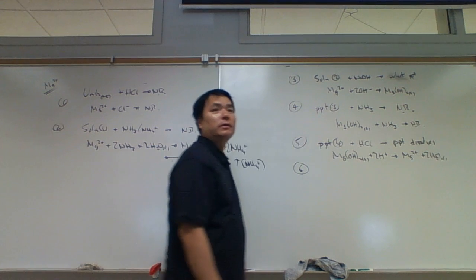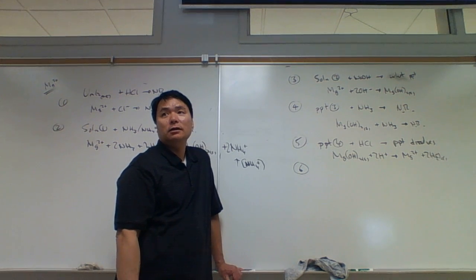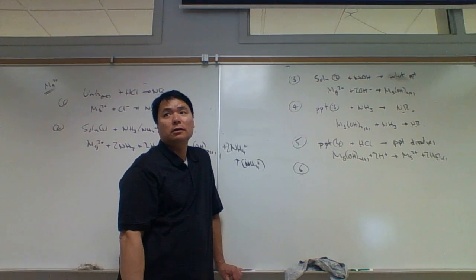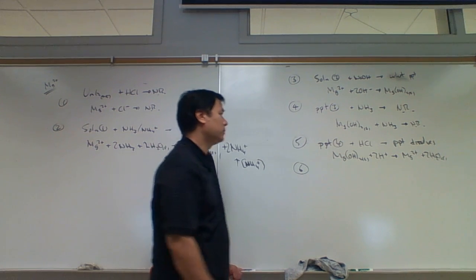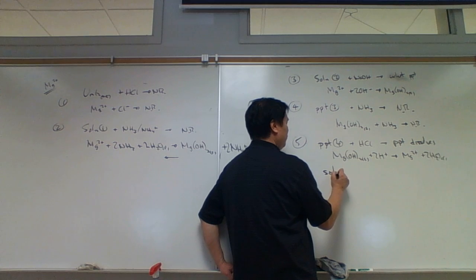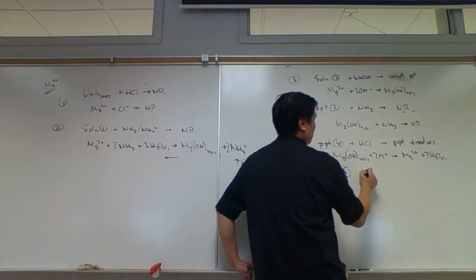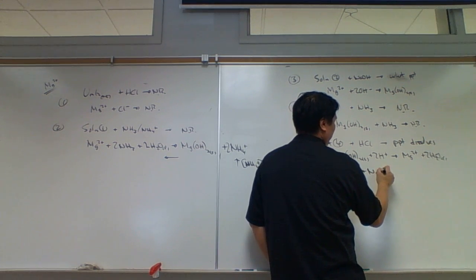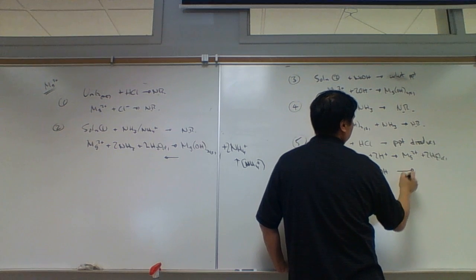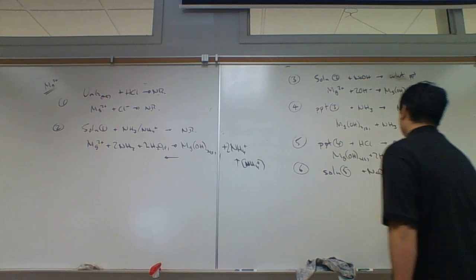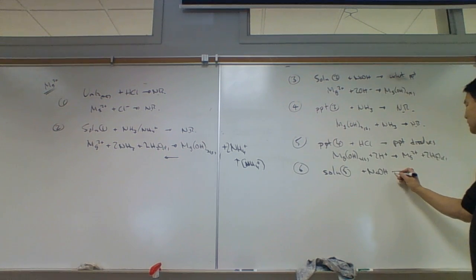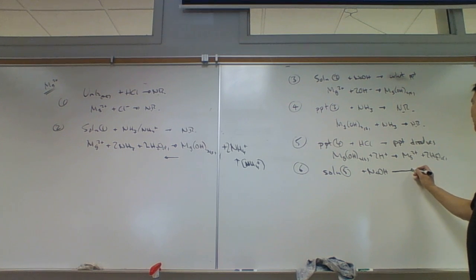All right, then we do the magnesium reagent plus what? Plus sodium hydroxide. So we take solution 5 plus sodium hydroxide plus the magnesium reagent. What is the magnesium reagent?